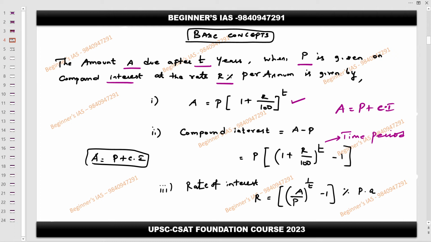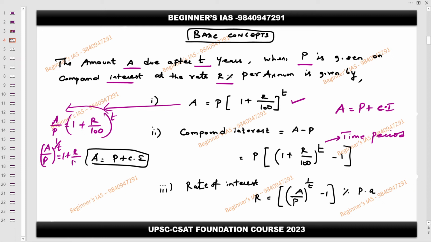Then one more. In order to calculate the rate of interest, you can use this one. A by P, then raising power 1 by T on both sides. Listen carefully. From this equation we derive that A by P is equal to 1 plus R by 100 the whole power T. If you bring this T towards the LHS, it becomes A by P the whole power 1 by T, equal to 1 plus R by 100.